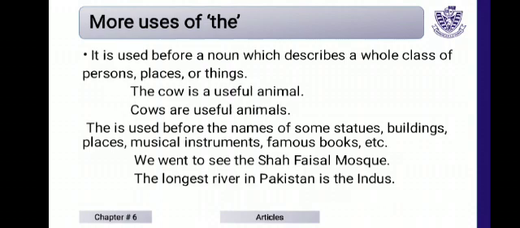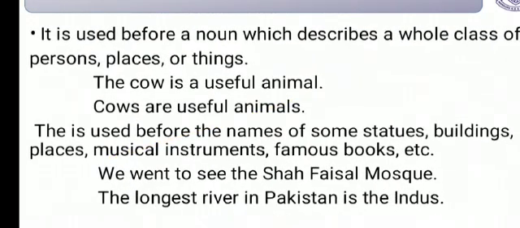We do not, however, say the cows are useful animals. When the noun is in the plural, we do not usually use the before it. We say cows are useful animals. The cow is a useful animal and cows are useful animals because cows are plural. I will give you some more examples here.